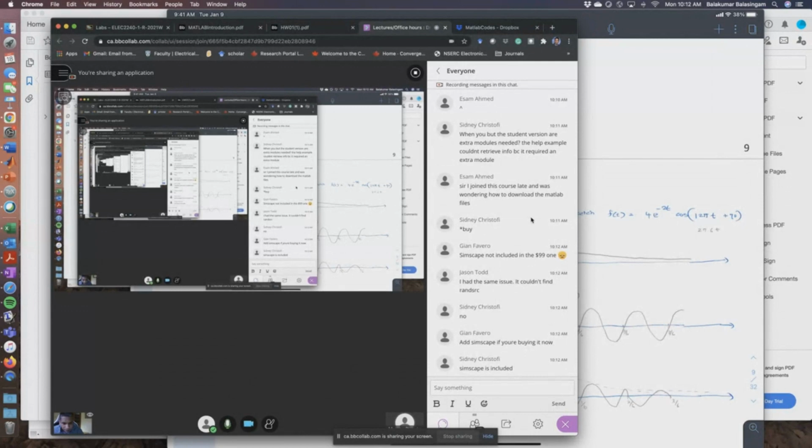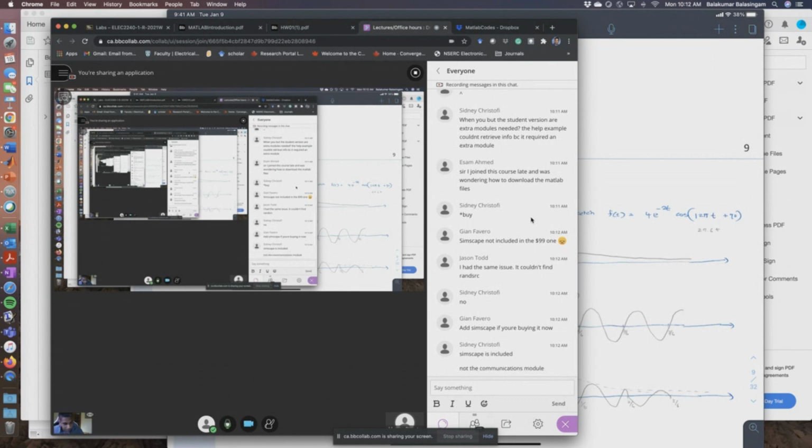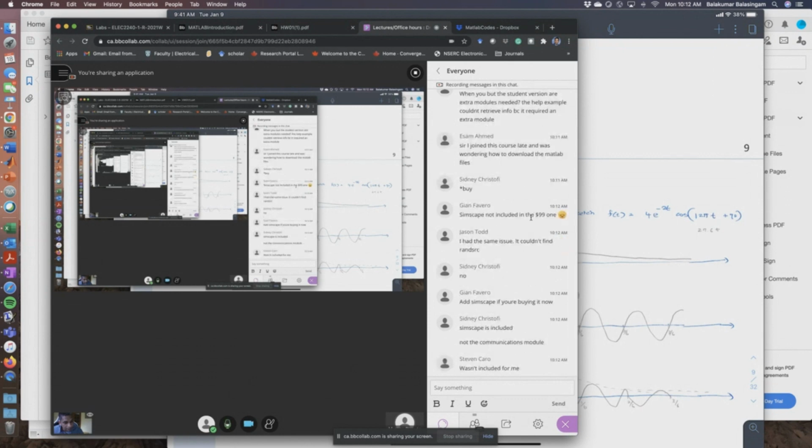Yeah, see, somebody's saying that Simscape is included, because I got this information from our lab technician, Mark. And if you are really thinking that you just paid $99 and did not get Simscape, send me that information. I can forward it to Mark, because it is supposed to be there.